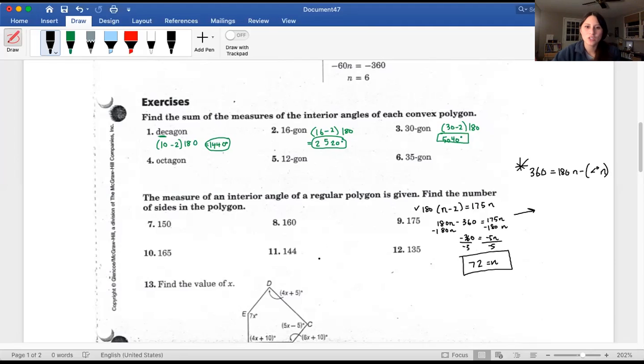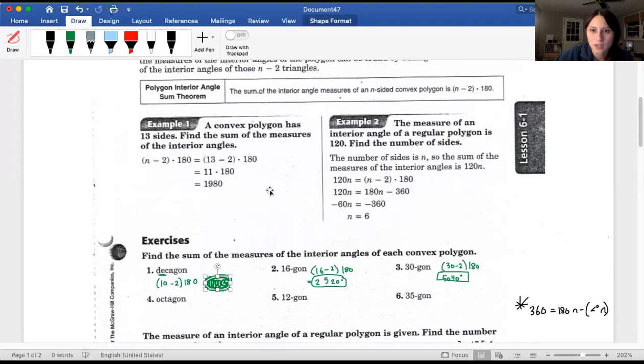All right, so I'll let you keep going here. Do 10, 11, and 12. Basically, you're going to use this equation up here if you want to. Let's put it up here.